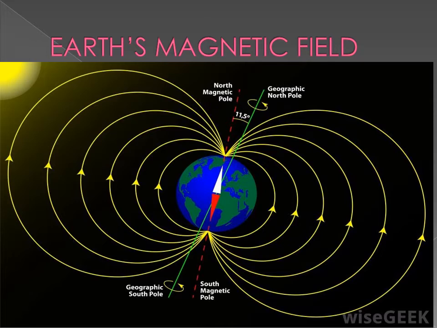The straight line which connects the magnetic poles of the Earth is known as the magnetic axis. A vertical plane passing through the magnetic axis is called the magnetic meridian, and a great circle perpendicular to the magnetic axis is called the magnetic equator.